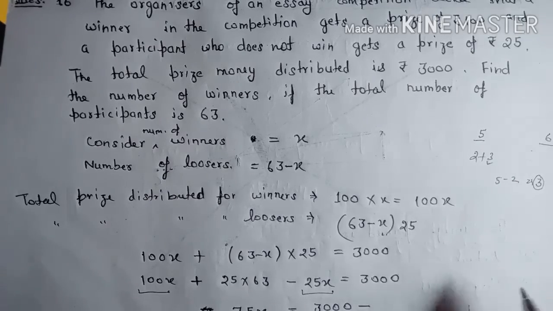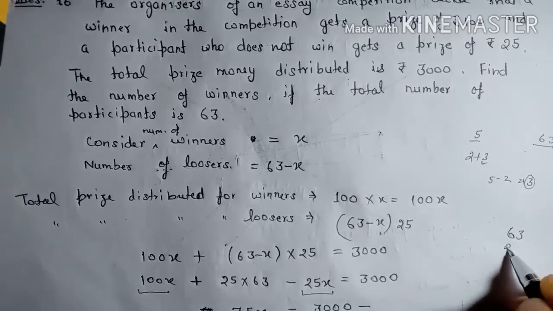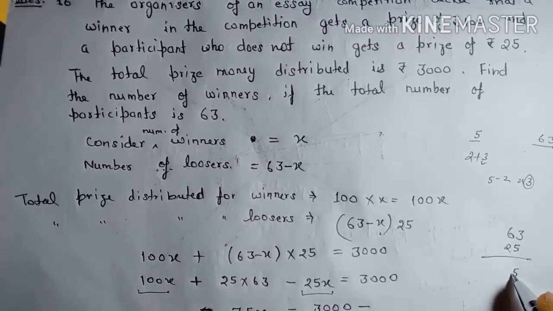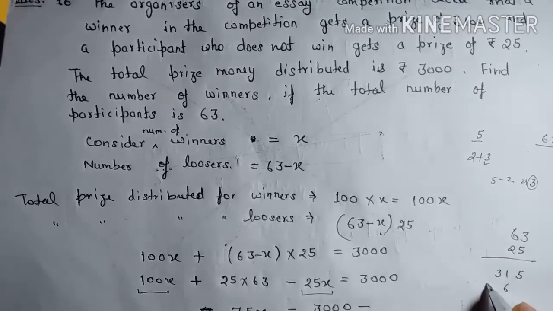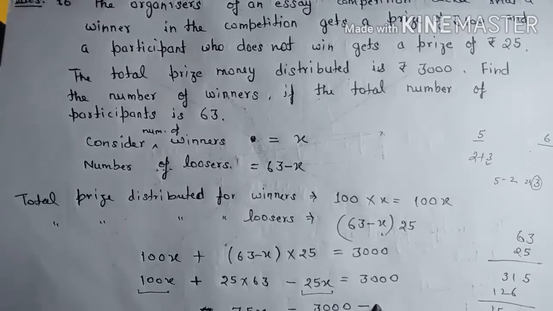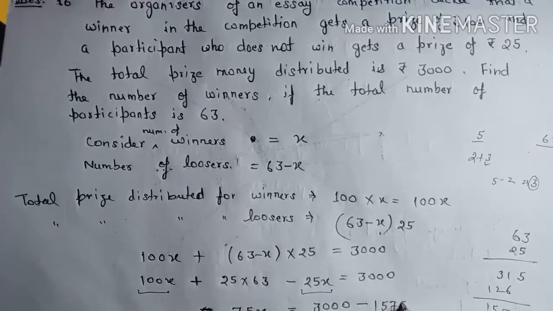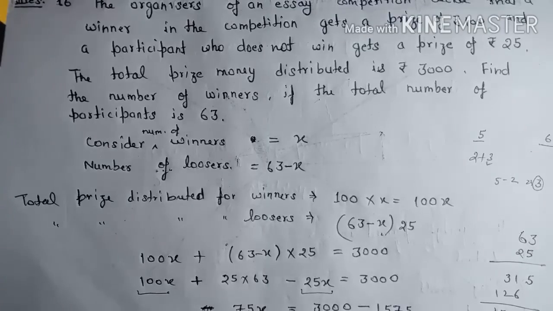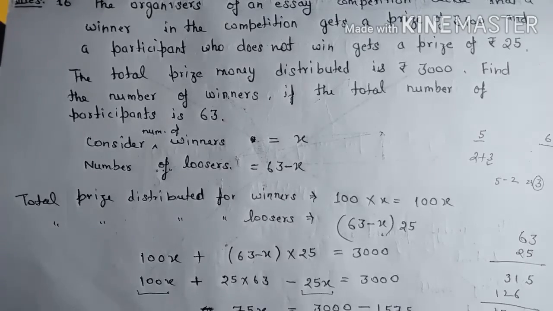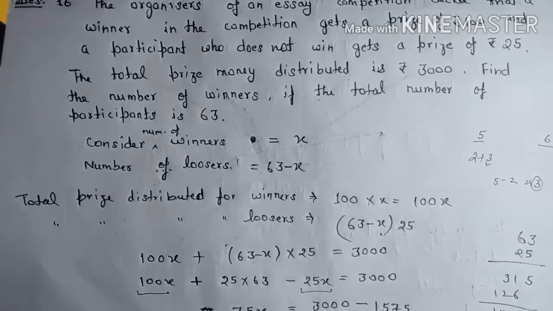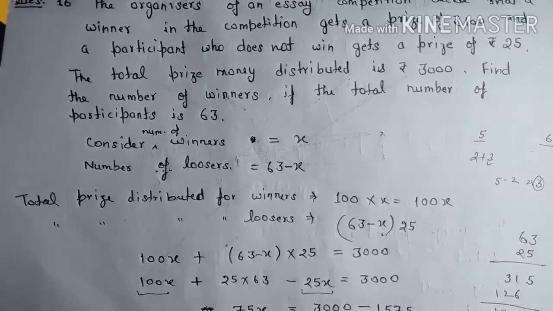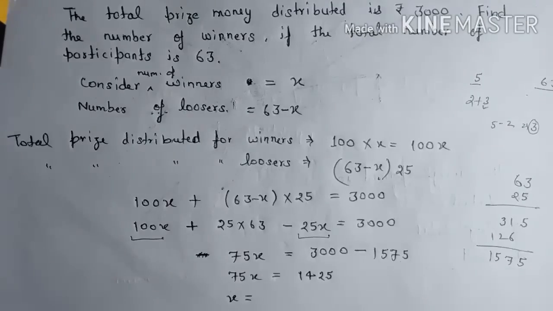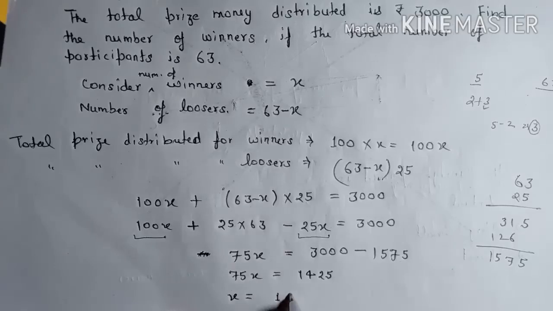So this will be what? First multiply this 63 and 25 and you will get 1575. So 75x is equal to, when you subtract this, you will get here 1425.